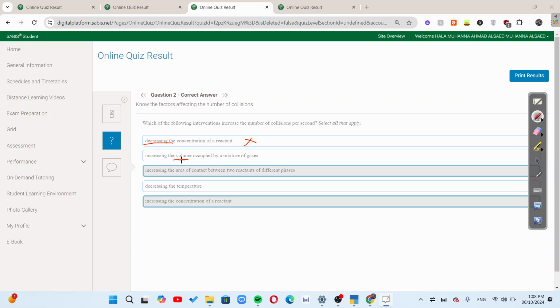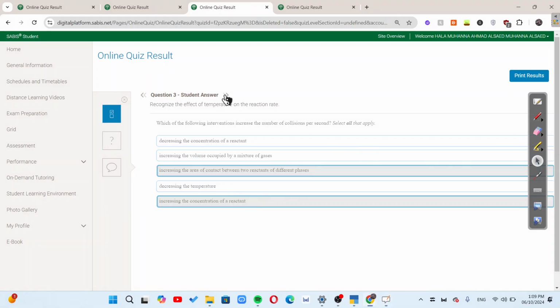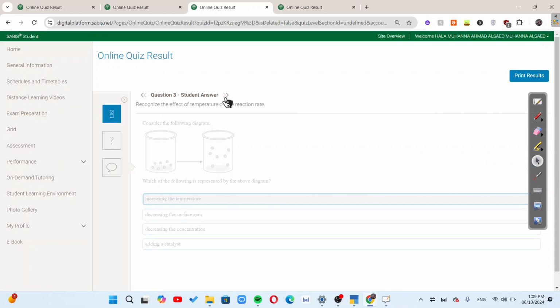Volume and pressure, don't look at it in this quiz or any of these cases. Increasing the area of contact, yes, which means you're increasing the number of collisions, more particles, so more will bump together. Decreasing temperature, definitely not. You need to increase the temperature. Increasing concentration, yes, definitely. So this quiz is pretty much just memorizing what affects collisions.